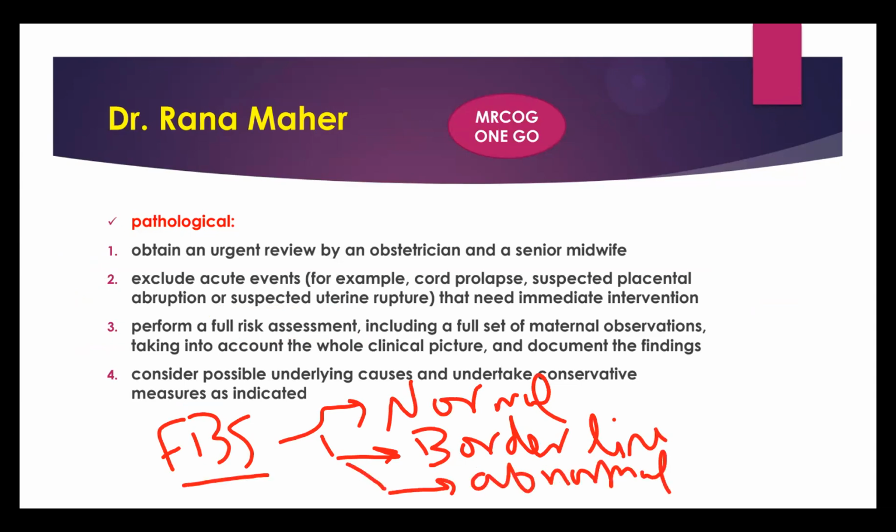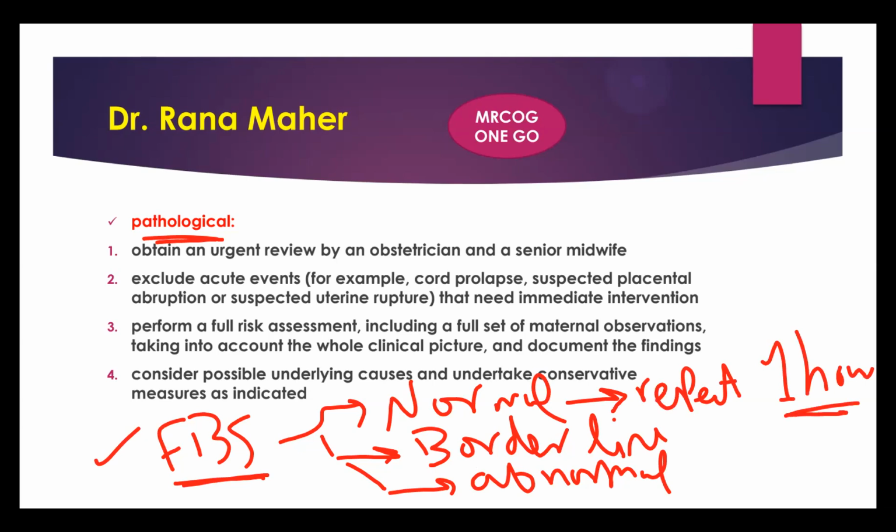If in the fetal blood sampling we have a pathological CTG or any concerns, and we offer this patient fetal blood sampling and it's normal, so no fetal acidosis, we will repeat in 1 hour. We will repeat the fetal blood sampling and keep the patient on continuous CTG. If it's borderline, we will repeat after 30 minutes. If it's abnormal, now we diagnose fetal acidosis.